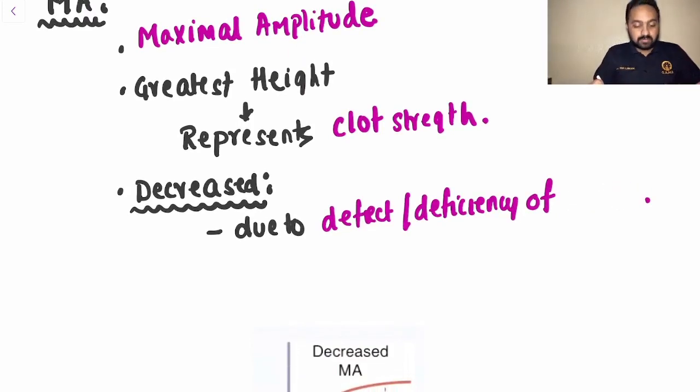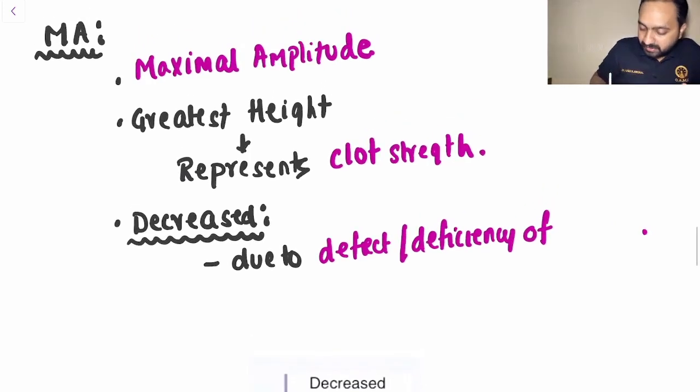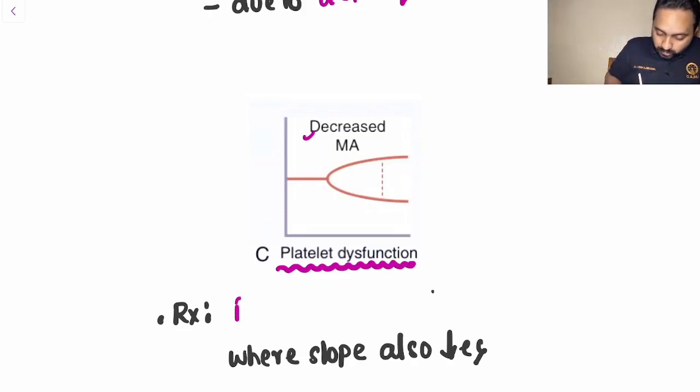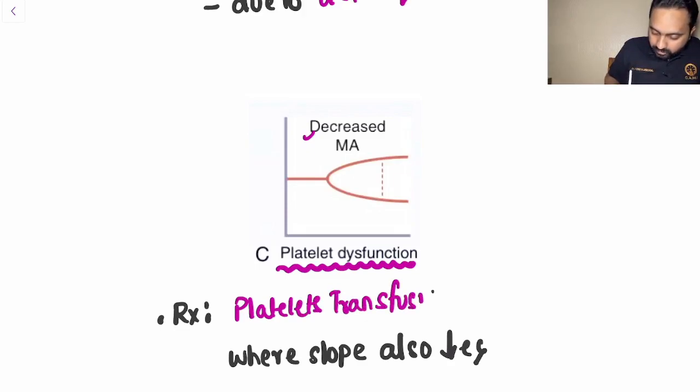So the MA is decreased due to the defect or the deficiency of your platelets. So if you see over here, this decreased MA is because of your platelet dysfunction. So your treatment would be your platelets transfusion.